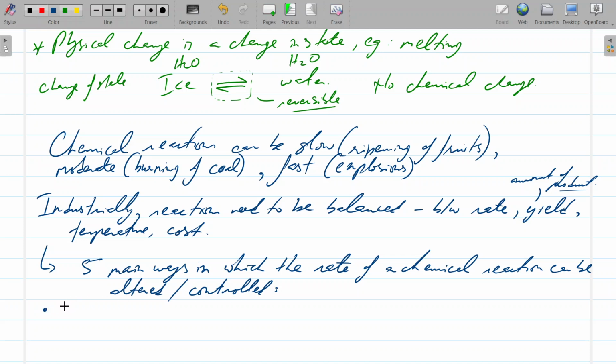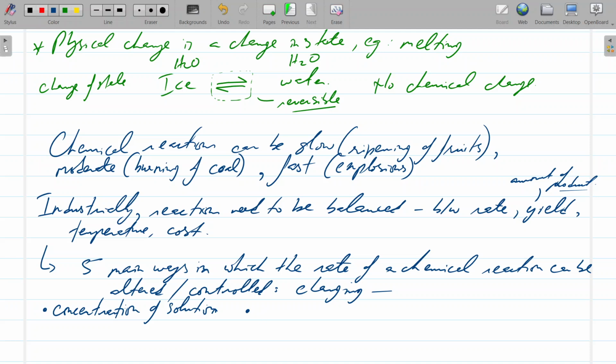And those are, drum roll, what are those factors? Changing the concentration of solutions. This is for when you've got the reactants as liquids, because solution applies to liquids, aqueous solutions.